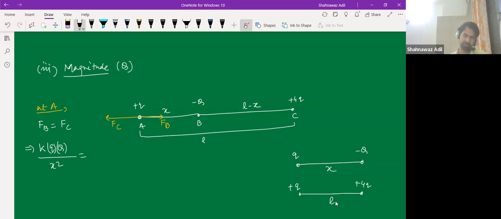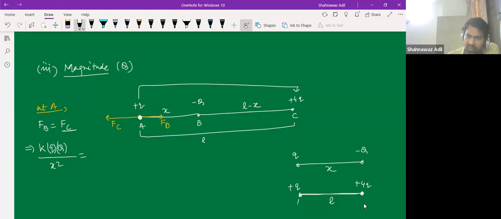We are calculating the force on A due to C. This is the equivalent diagram.